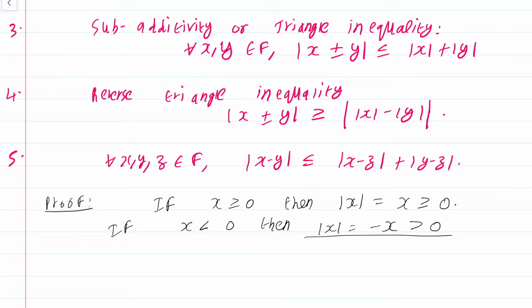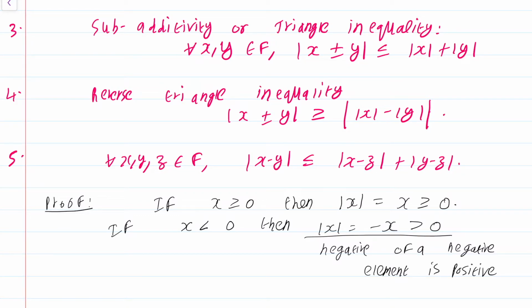the fact that the negative of a negative element is positive. It's one of the properties of an ordered field. Now let me make a remark here. Here the proof is what is known as a proof by cases.